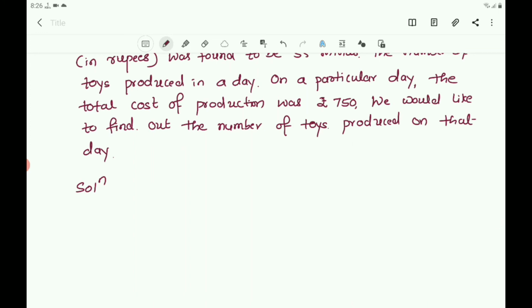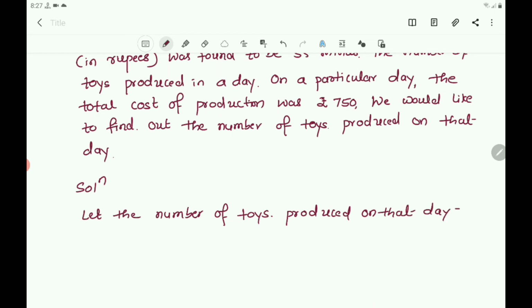So you write, let the number of toys produced on that day equal x, and the cost of production in rupees of each toy.